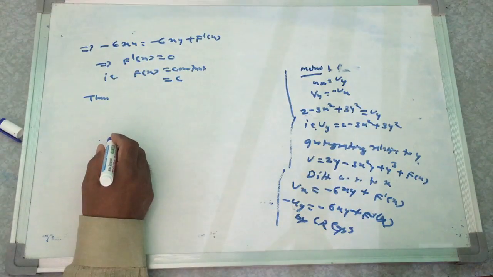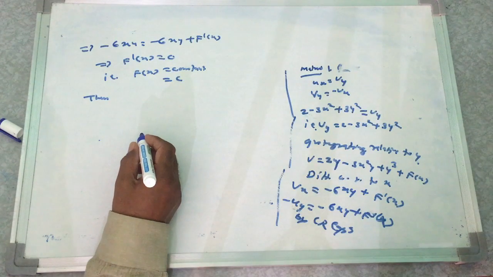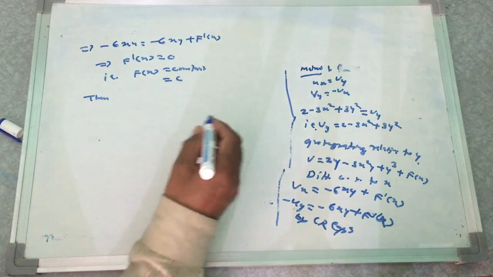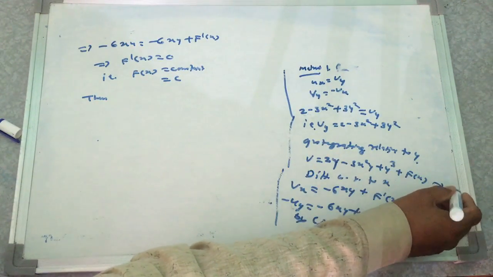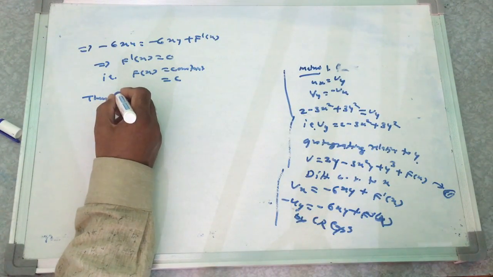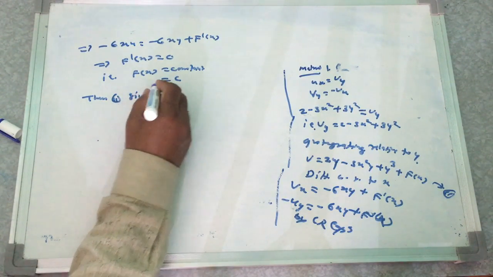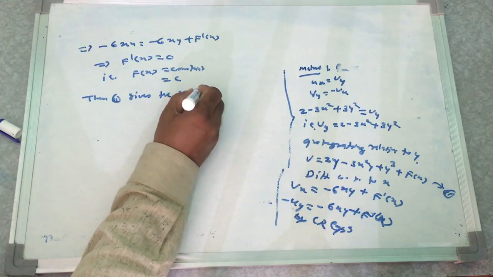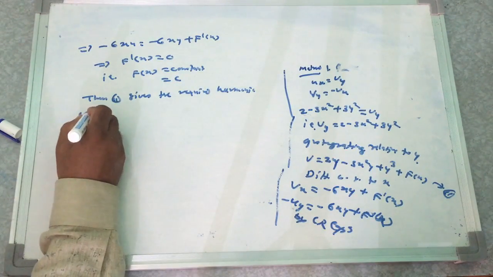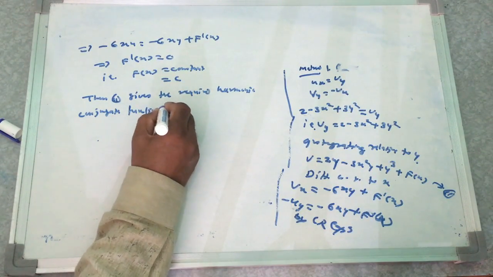So this is equation 1. The equation 1 gives the required harmonic conjugate function of u.